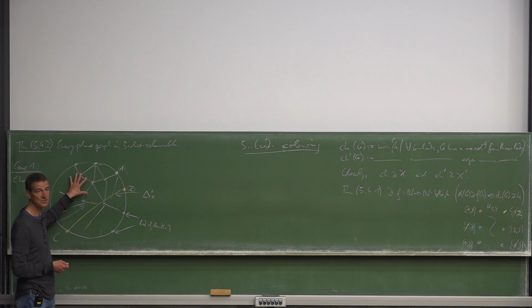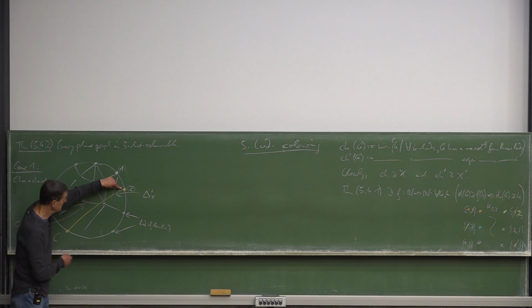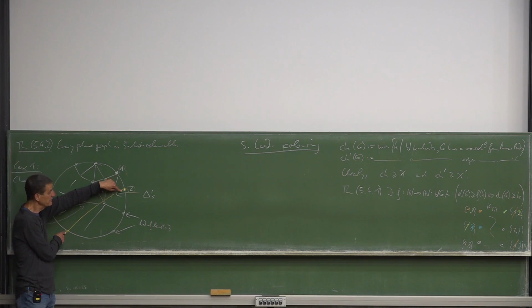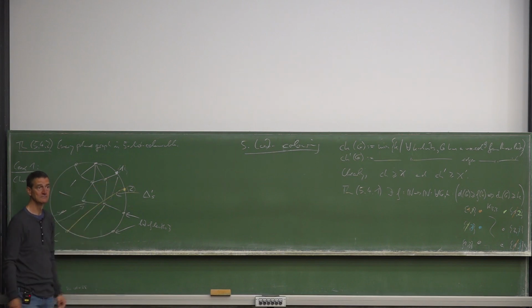All the same as before. So we can color that from the lists. When we're done, these 2 yellow vertices have colors, even if this is not one of the special ones. And then for these prescribed colors, we can color the rest. Done. So that's the first case.